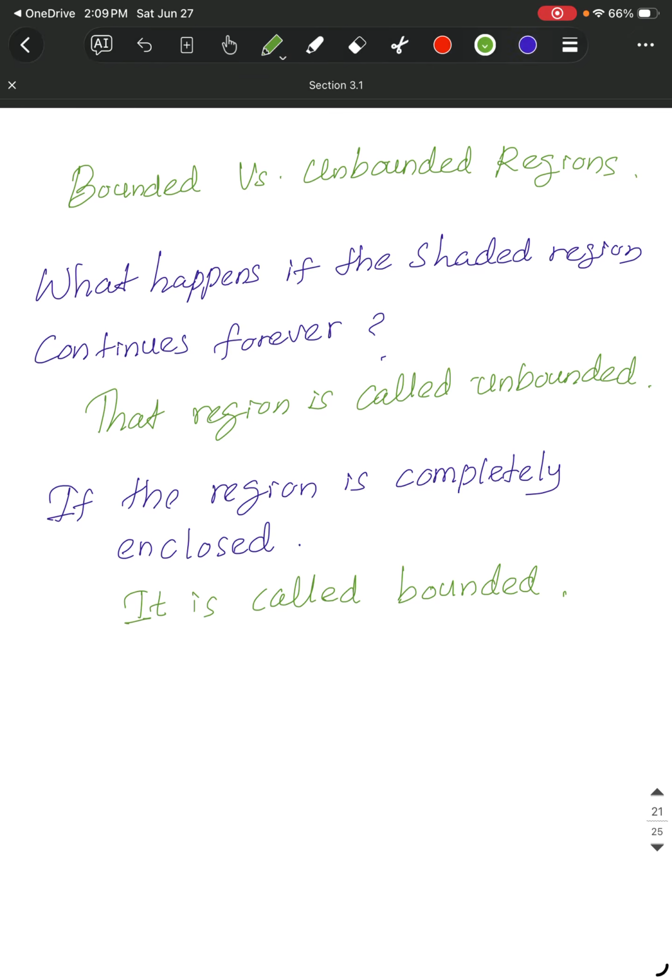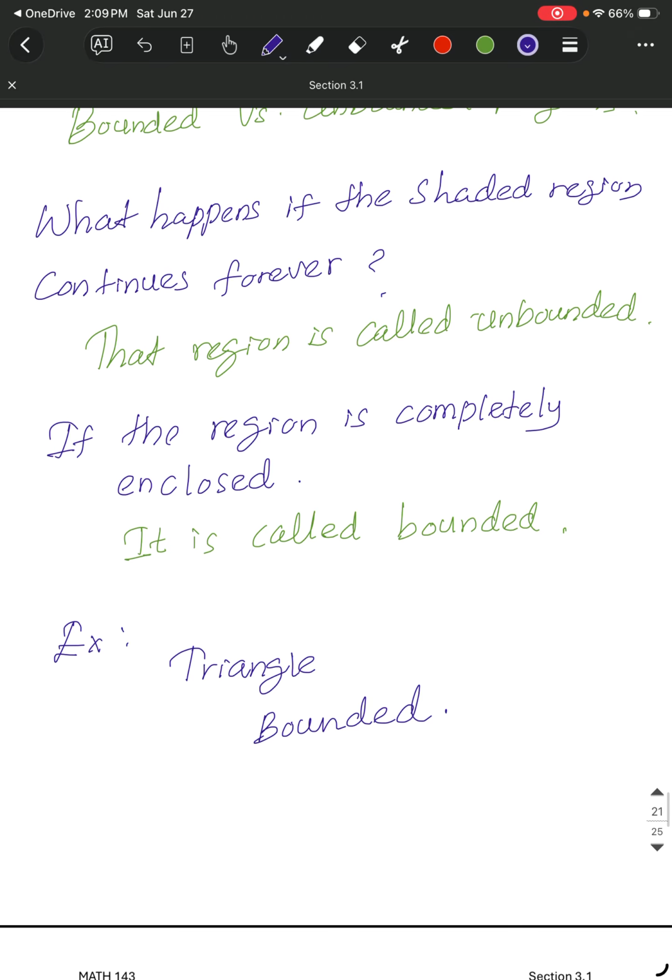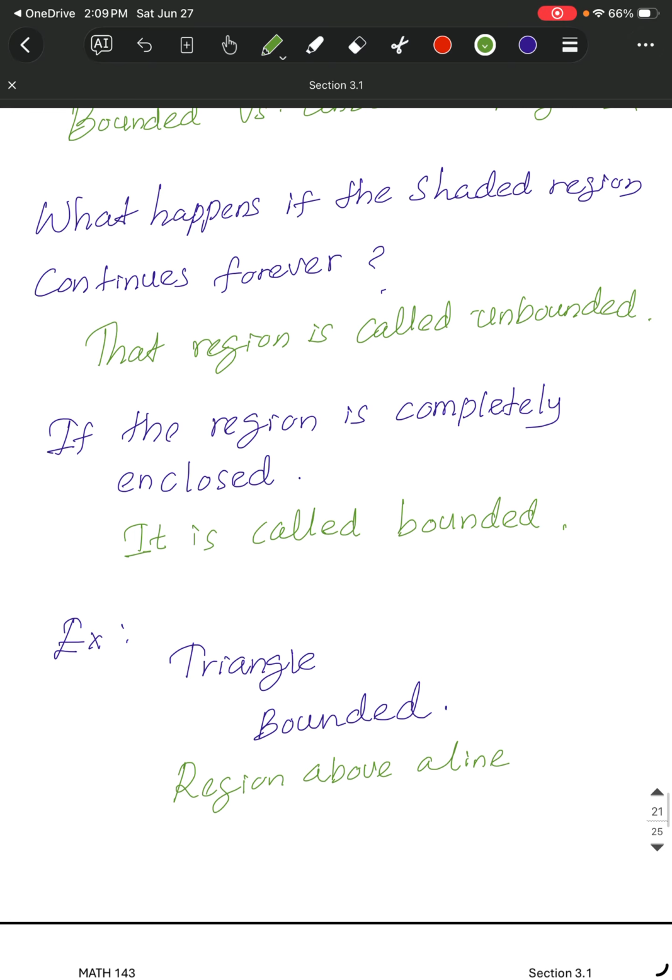So think about the previous two examples. So the triangle, bounded. Region above a line, unbounded.